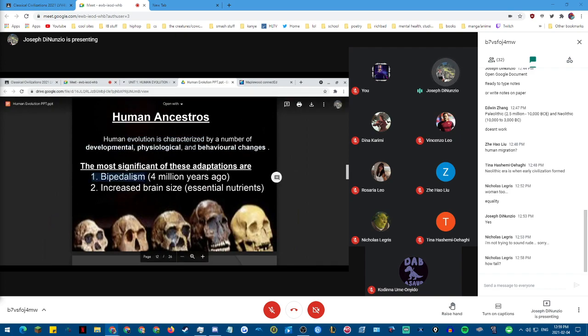Number one, the big one, is bipedalism 4 million years ago, and the increase in brain size, which we're going to see from each hominid, going from the habilis to erectus to the Cro-Magnon. The brain size increases for each of these. So copy this down, please.